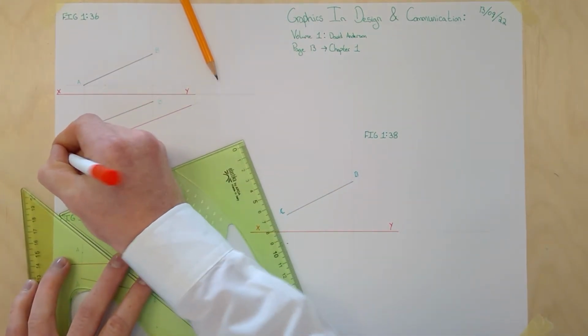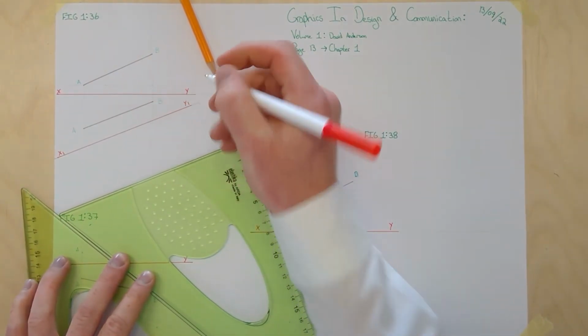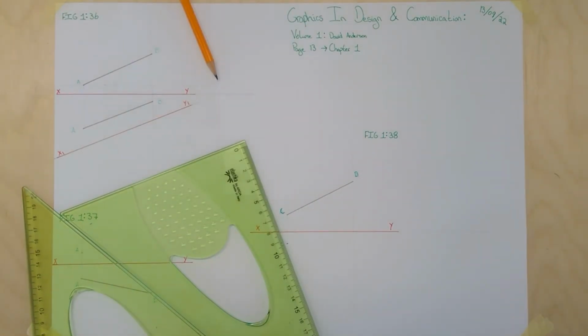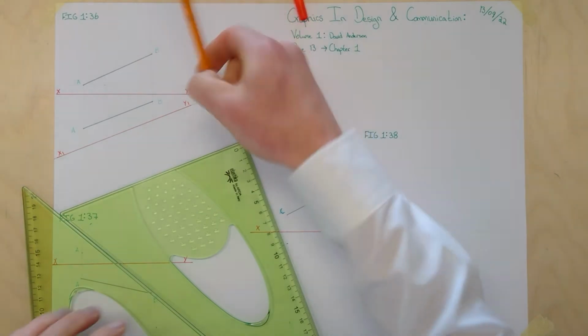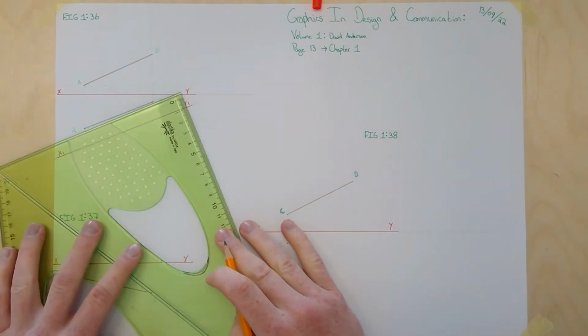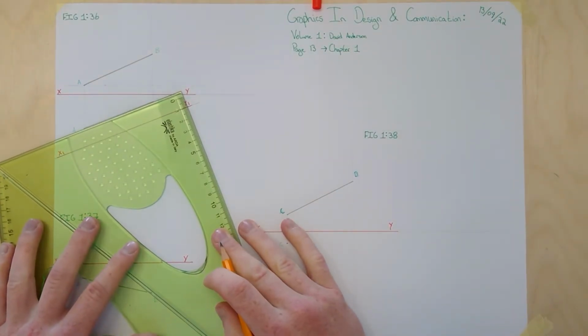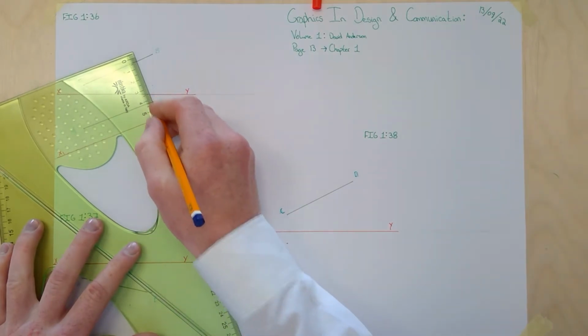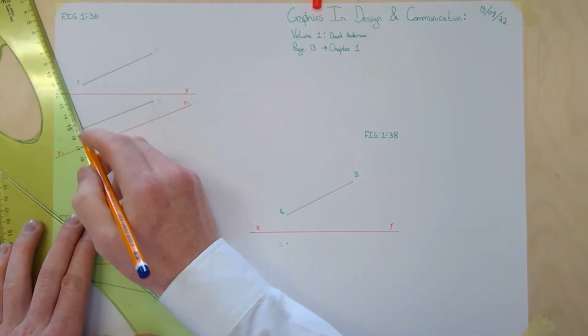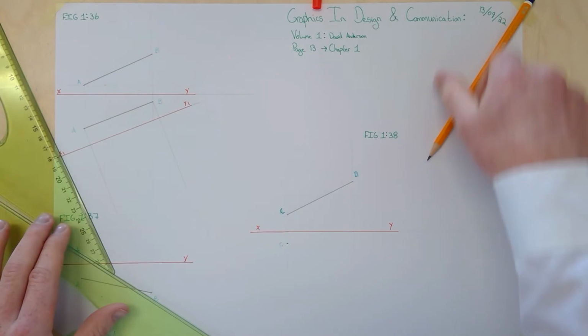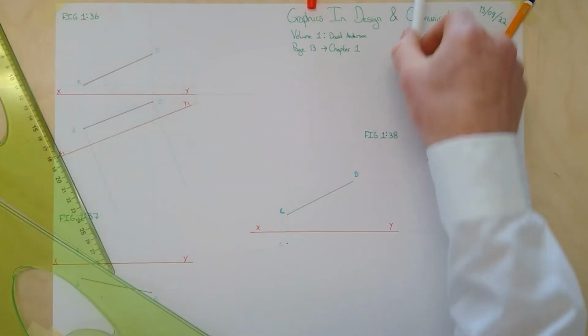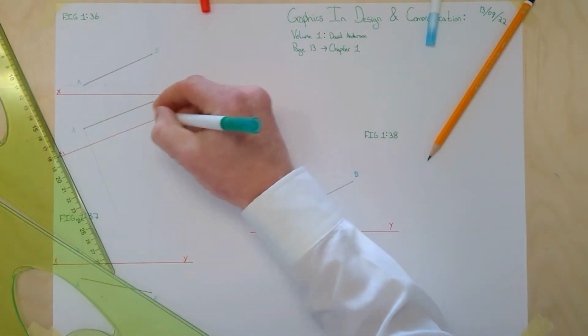So that's our x1, y1. Now we must bring our points down, A and B, perpendicular to that line, meaning they meet at a right angle.